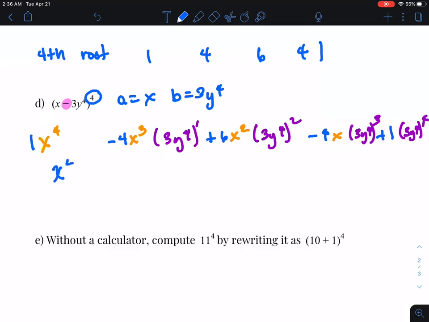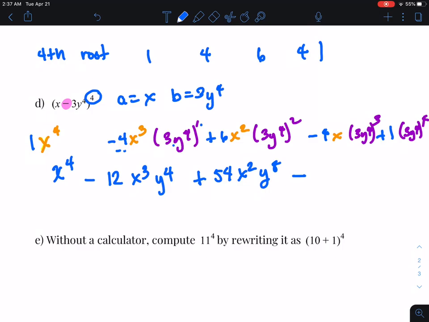We've got x to the 4th minus, that's going to be -12x cubed y to the 4th plus, we got here 6x squared y to the 8th, and 3 squared is 9. So 9 times 6, that's 54x squared y to the 8th.